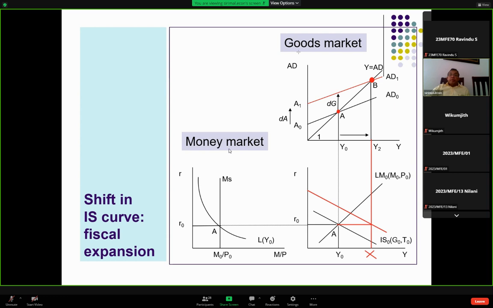Why did the IS line move like that? Because of the intercept again, because this variable G is in the intercept. So the government increases spending and we can shift the IS line.